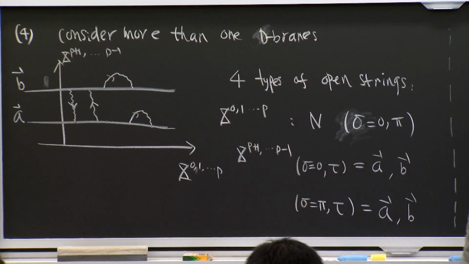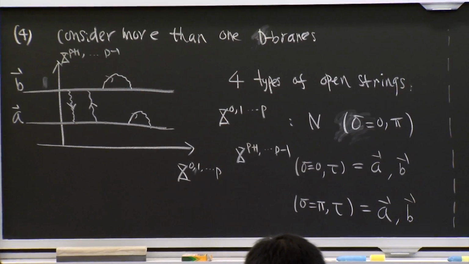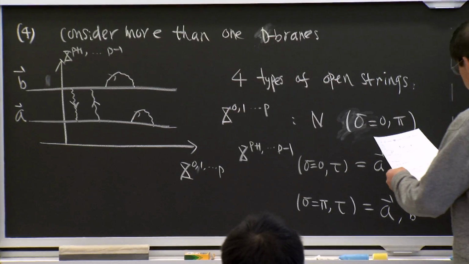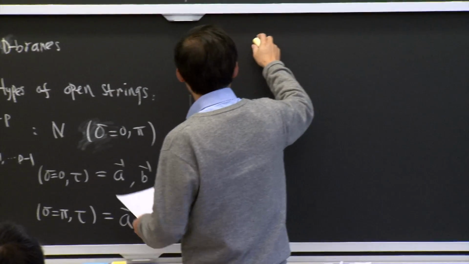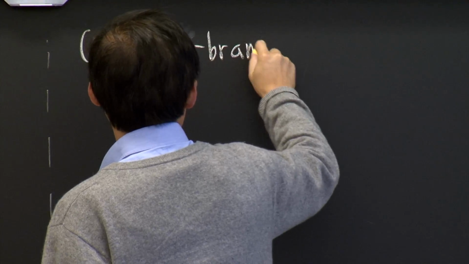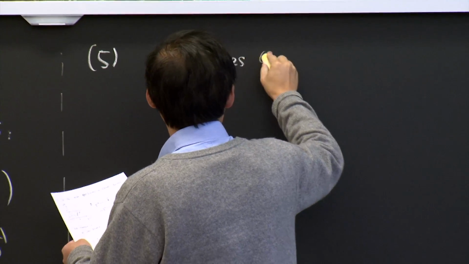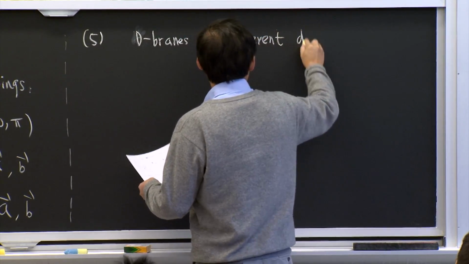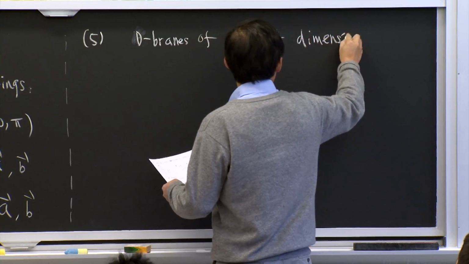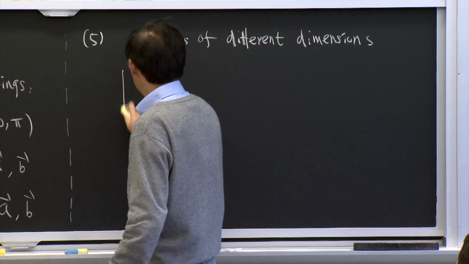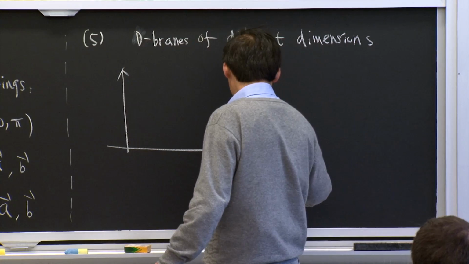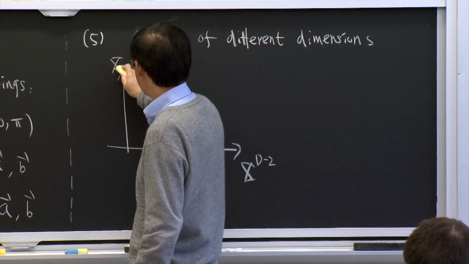Now you can also consider branes of different dimensions. Say, for example, suppose let's single out the 2 directions, d minus 2 and d minus 1.